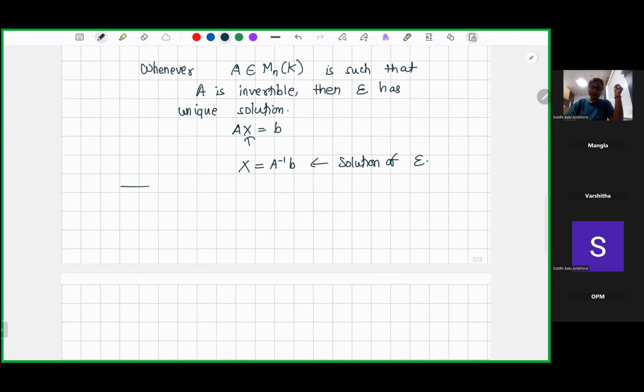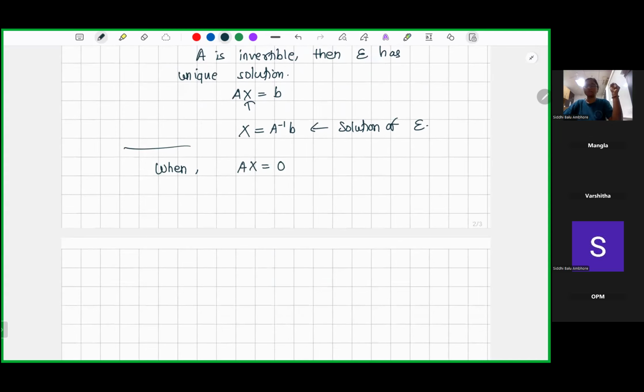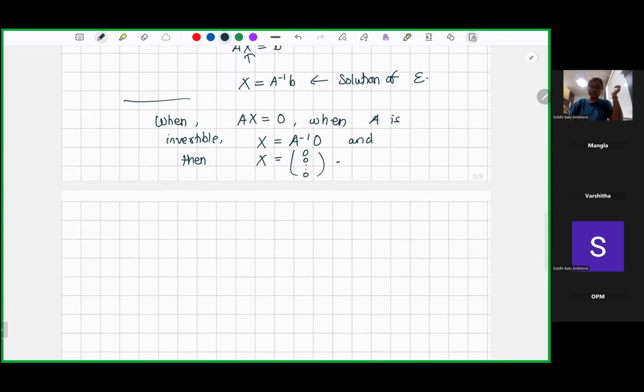Apart from that, when I want to talk about Ax is equal to 0, and A is invertible, then x will be A inverse b, and this b is 0 here, so x will be just all zeros, and this will be the unique solution for this homogeneous system.